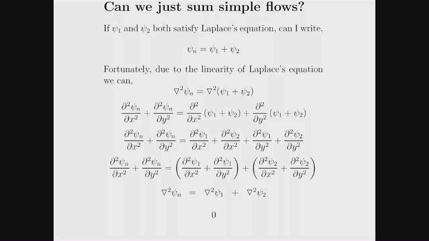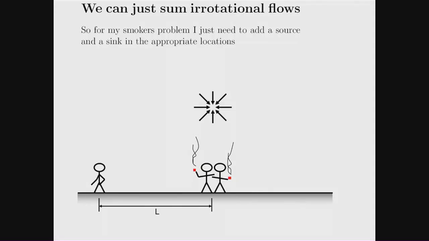So if, let's say, my source, which we know satisfies the Laplace equation, is equal to 0, and my sink also satisfies the Laplace equation, then a source plus a sink flow will automatically satisfy the Laplace equation, right? Okay, so we can then just add a source and a sink for this problem.